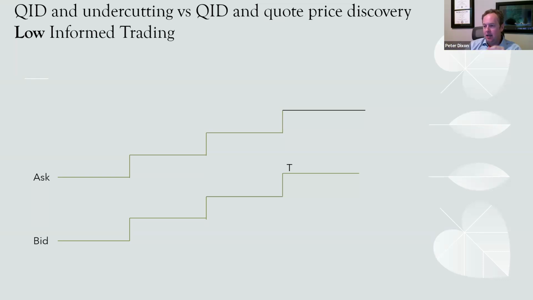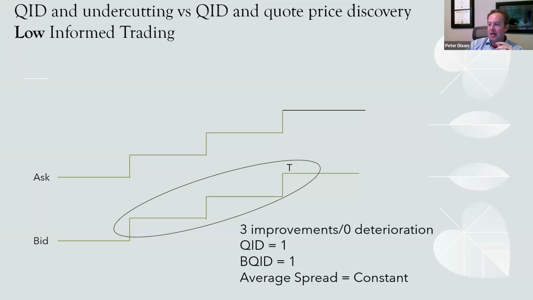So in a low informed trading setting, you would see a number of quote improvements. On the bid, you're seeing quote improvements, on the ask, you're seeing quote deteriorations, but on the bid, quote improvements followed by a trade. You would see 3 quote improvements followed by 0 trade-driven deteriorations, which would give you a quid level of 1.